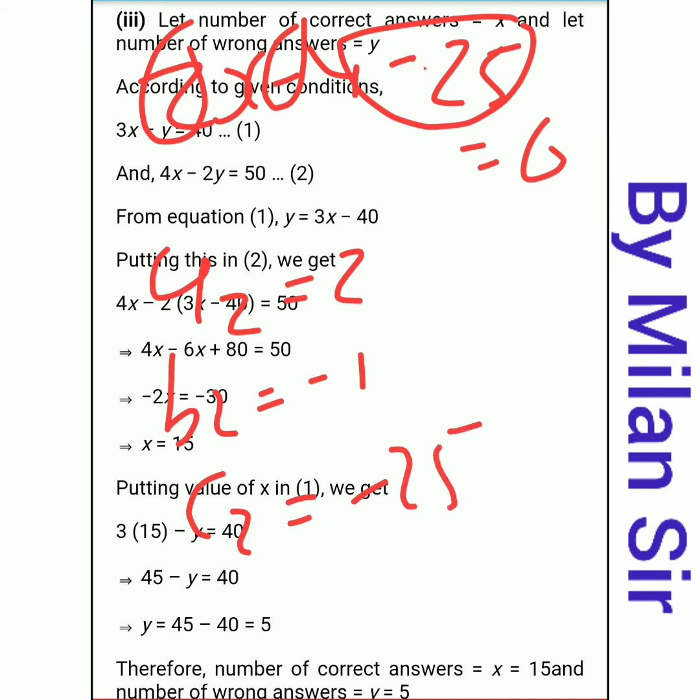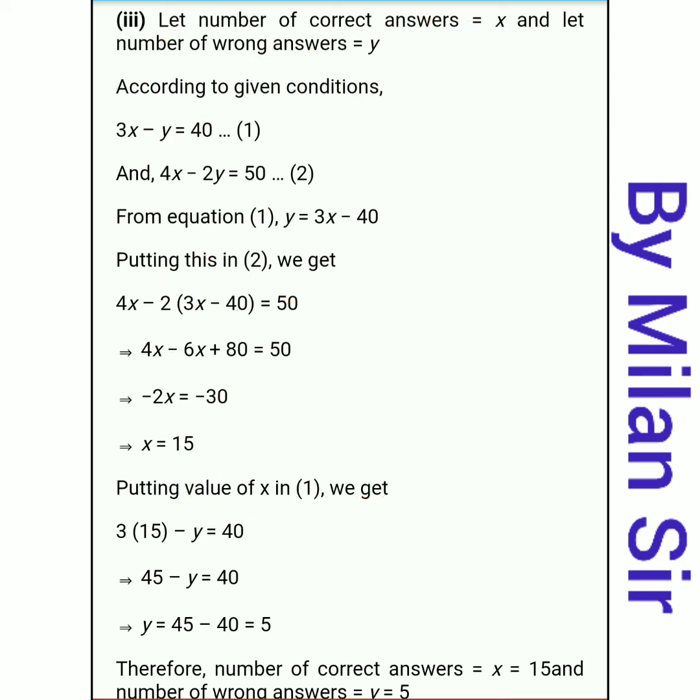So a2 is equals to 2, b2 is equals to minus 1, c2 is equals to minus 25. Now arrange our a1 b1 c1 and a2 b2 c2. So 3, minus 1, minus 40, that is a1 b1 c1. Then a2 b2 c2: 2, minus 1, minus 25.